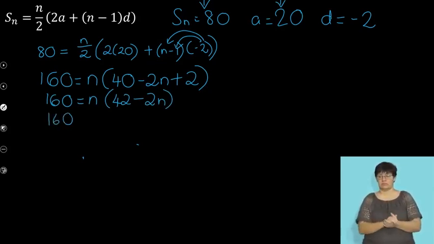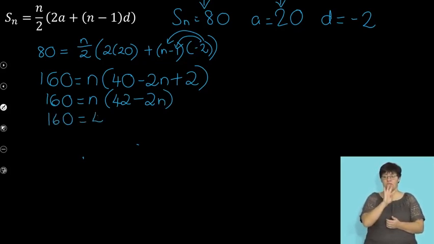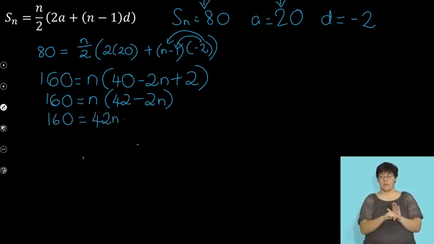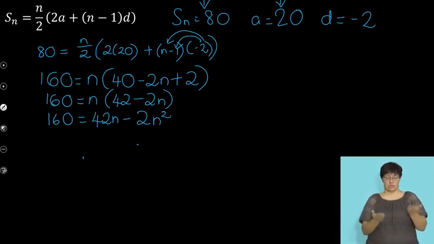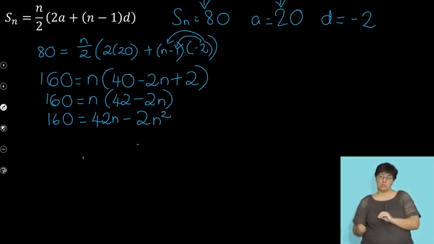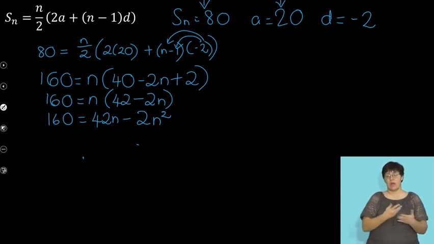So I'm going to have 160 is equal to 42n minus 2n squared. Hopefully everyone can see at this point that it is creating a quadratic equation to solve for n. In order to solve for that, I'm going to move everything over to the left-hand side so I can handle my trinomial.